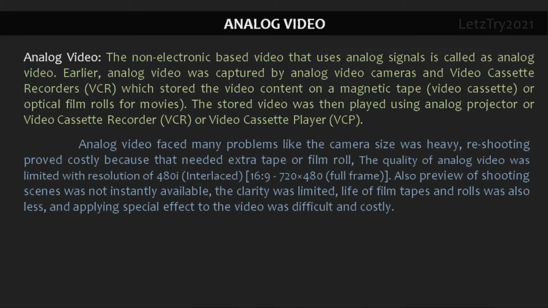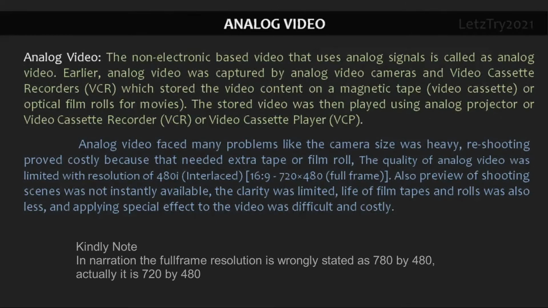Analog video faced many problems like the camera size was heavy, reshooting proved costly because that needed extra tape or film roll. The quality of analog video was limited with resolution of only 480i interlaced. For a full frame display having a ratio of 16:9, the resolution was only 780 by 480.